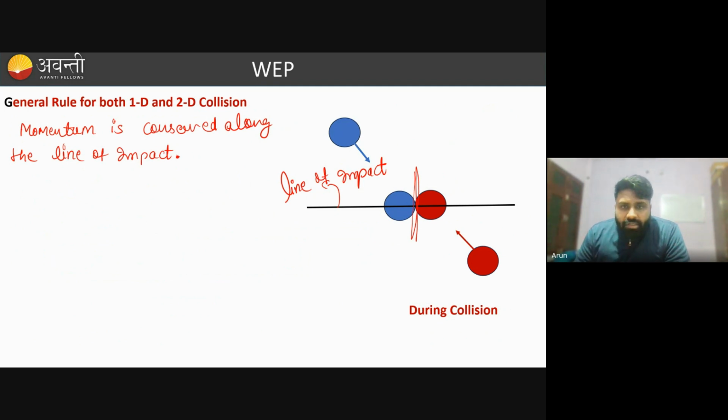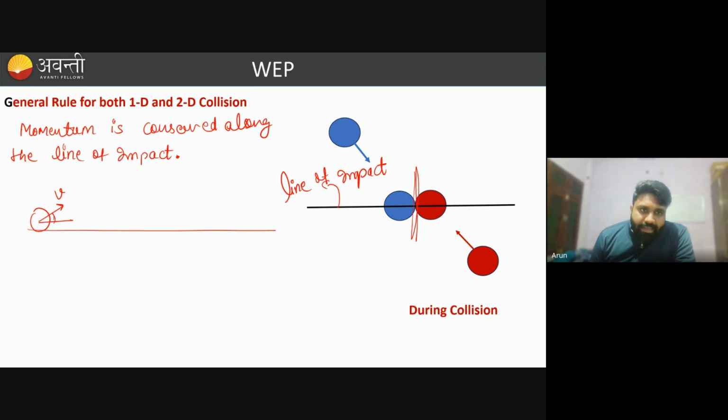I will explain it in a very simple way. This is a ball having velocity v at an angle theta. And this is another ball of the same mass moving with velocity u. After collision, the velocities are v dash and u dash, and the angles are alpha and alpha. Let's say both angles have changed.